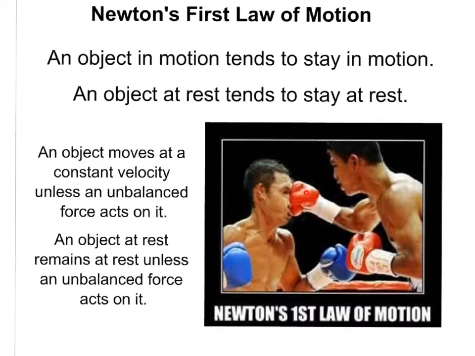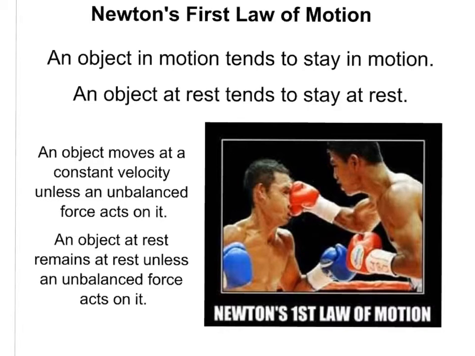This fist right here is certainly delivering some unbalanced force to this man's face. He will probably end up moving that way. So it tends to stay at rest unless acted on by an unbalanced force.